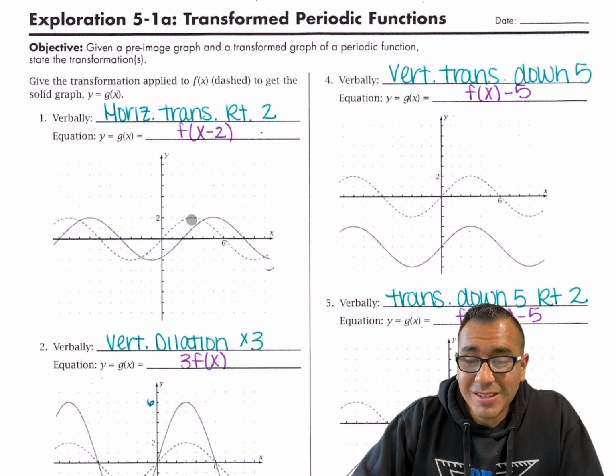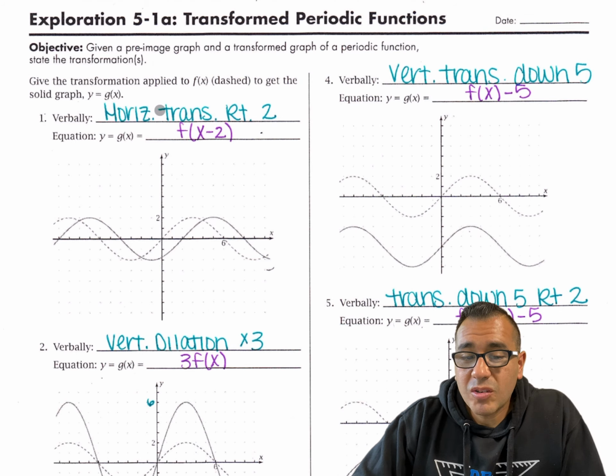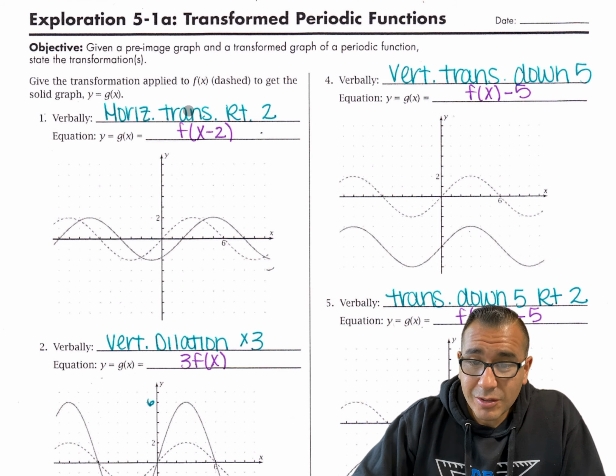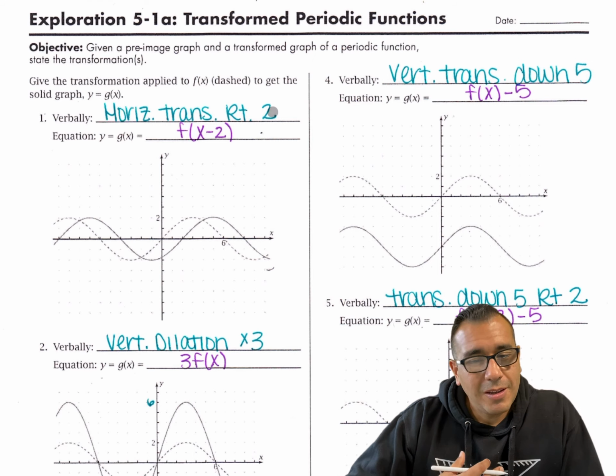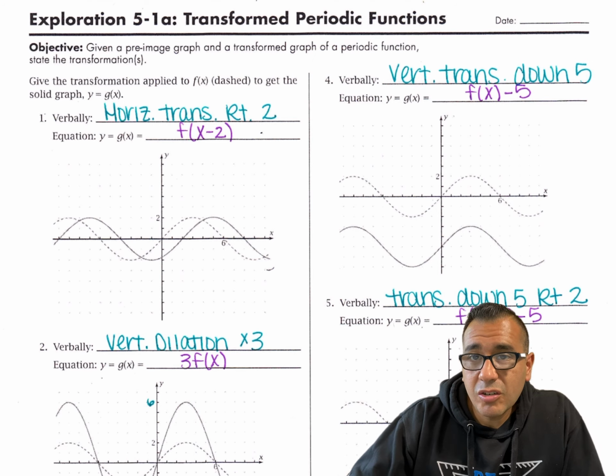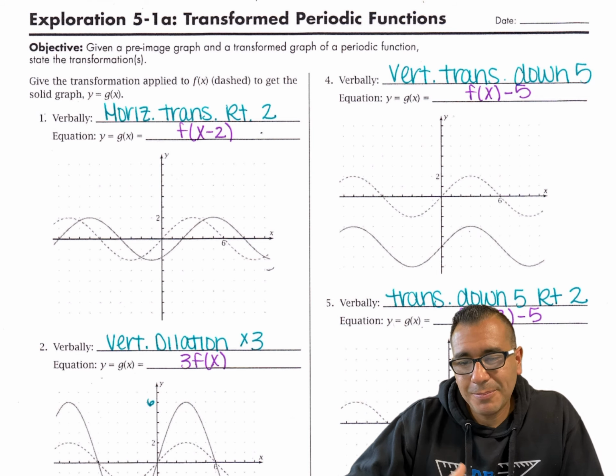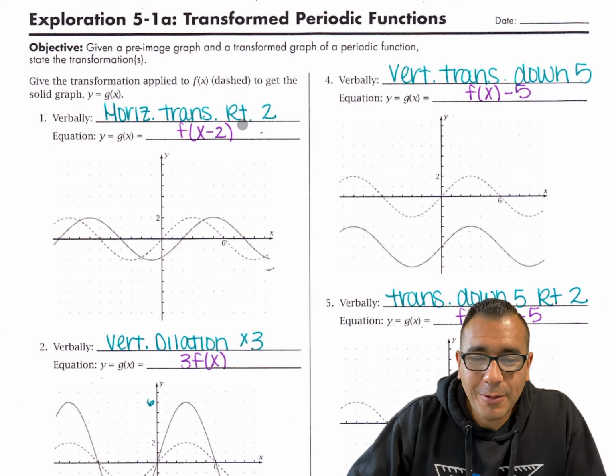So every point on this dotted curve got transformed. It got shifted 2 units to the right. So it has a horizontal transformation here, horizontally transformed right 2 units. Usually I'll just say it got shifted 2 units, but again, that's the language you heard there.